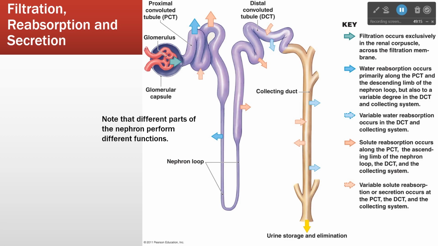So filtration means that even a molecule that is totally foreign to the body, if it's small enough, it will get filtered and it will not be reabsorbed because the body doesn't know anything about it, you see? So the reason for lots of filtration and then a whole bunch of obligate reabsorption is to make the ability to get rid of something that the body doesn't know anything about.